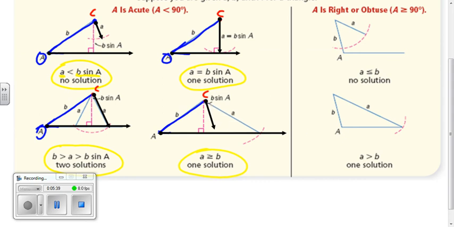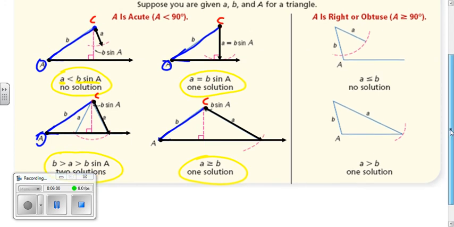And A, which is not as long as B, it's longer. Since it is longer, it won't work anywhere over here or down here. We have to come all the way back around to here. This is the only place where it'll hit and make one complete triangle. So that's a situation where A is greater than B.